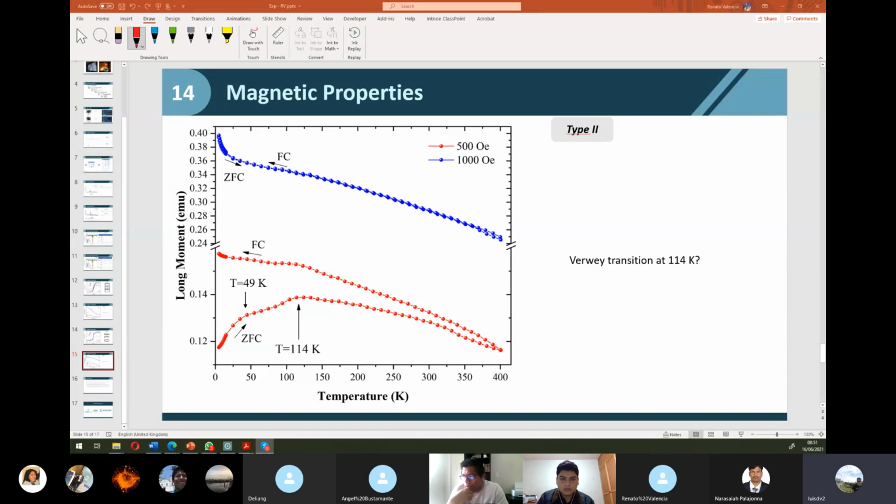Okay, thank you very much. What about the measurements at low temperature of the Mössbauer? Is it complete or not yet, Marlon? It's not yet, still. Okay. And what about it? Because the pieces were broken when we measured at low temperature.